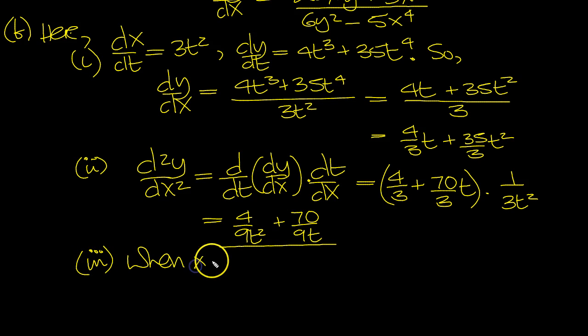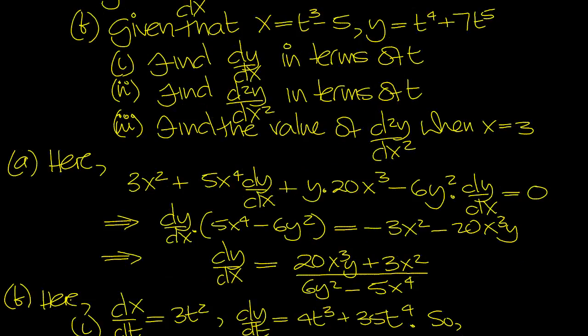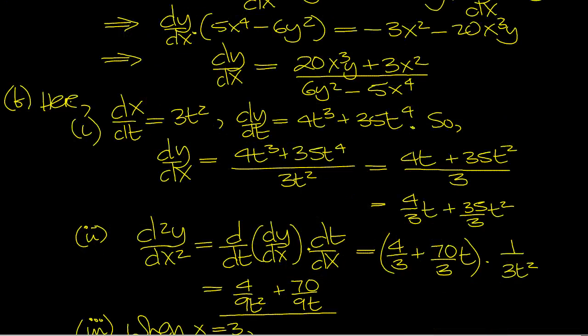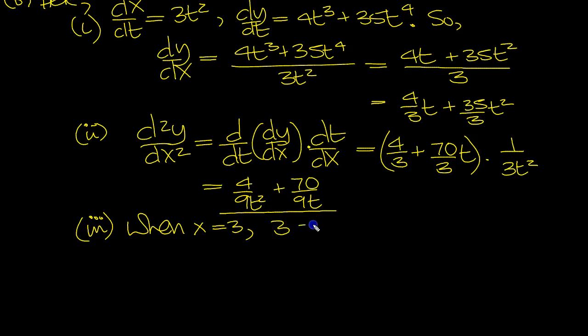When x equals 3, we need to get the value of t. So let's go back up. Put 3 in, when x is 3 in here. 3 equals t cubed minus 5. And that tells us that t cubed will equal, move the 5 over to be with the 3, to make 8. Cube root both sides, and that will give t as 2.